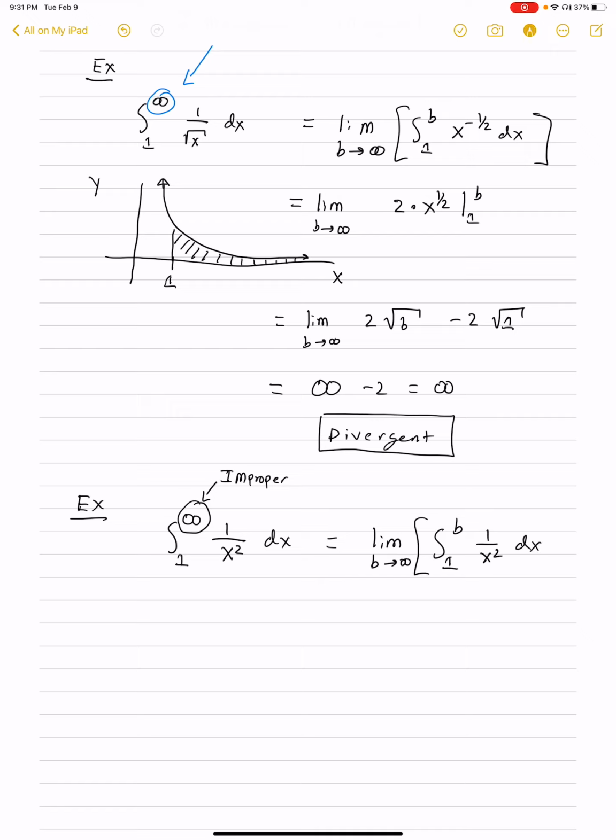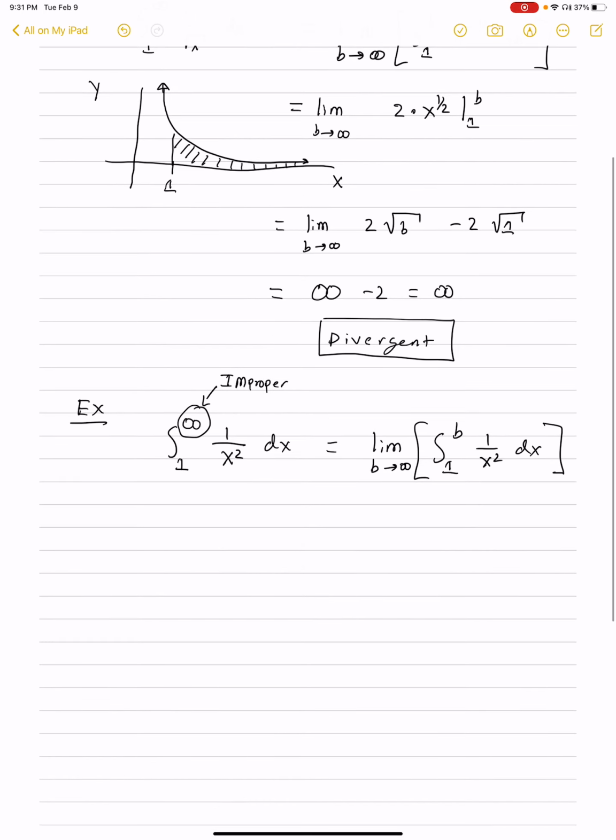The quantity inside the brackets is called a proper definite integral, and so we just treat that as a normal proper integral. We'll get minus 1 over x, and we'll evaluate that at 1 and b.